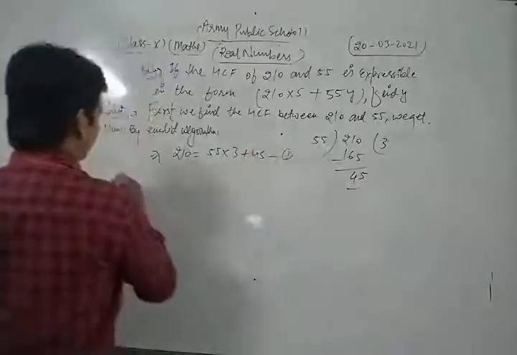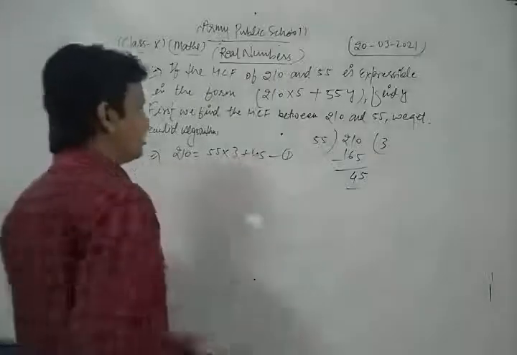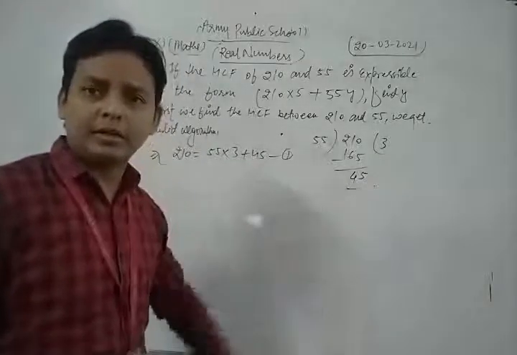Subtracting, 210 minus 165 gives 45. Take this as equation number 1. Now we repeat this process till the remainder becomes 0.